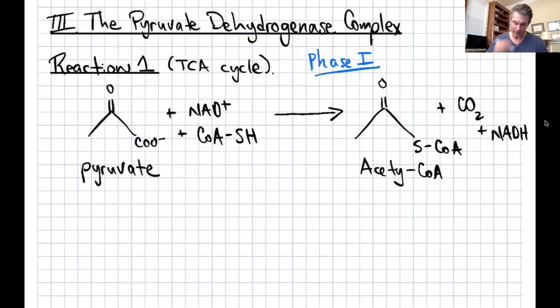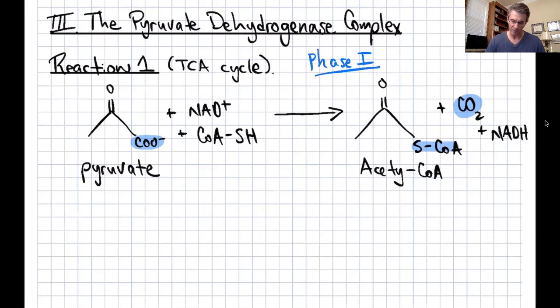So essentially what we're running here is an oxidative decarboxylation reaction. That carboxylate group is going to get driven off as gaseous CO2, and we're going to use that decarboxylation reaction to power formation of this acetyl-CoA group.